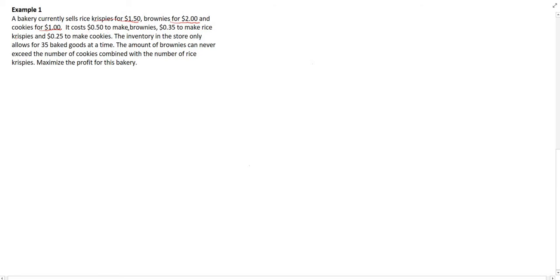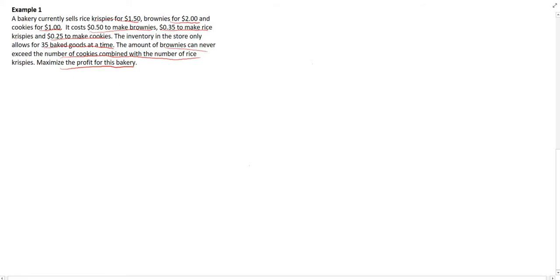It costs 50 cents to make brownies, 35 cents to make Rice Krispies, and 25 cents to make cookies. The inventory in the store allows for only 35 baked goods at a time. The amount of brownies can never exceed the number of cookies combined with the number of Rice Krispies. Maximize the profit of this bakery.